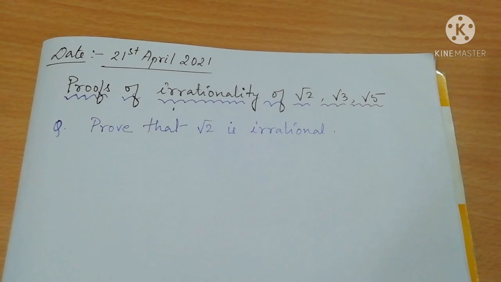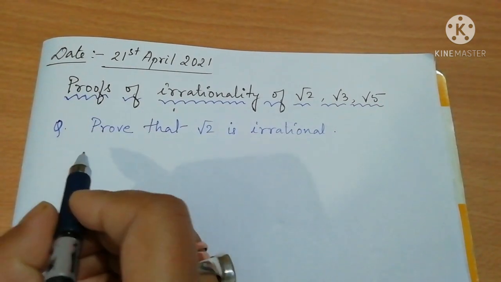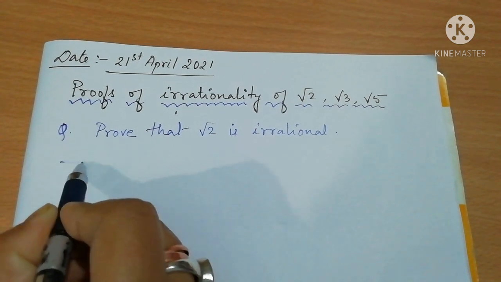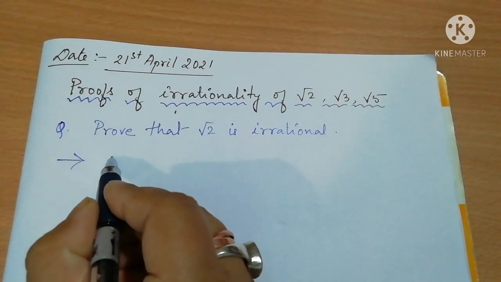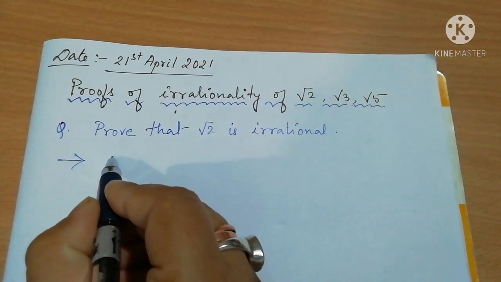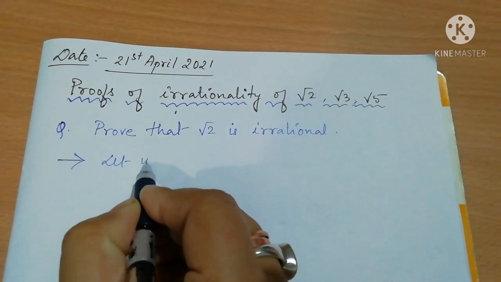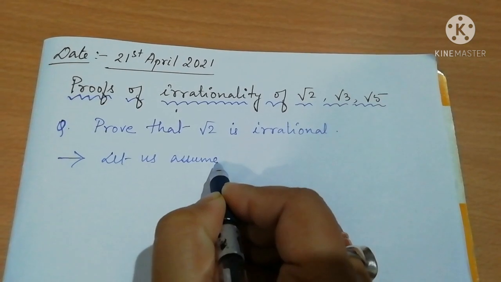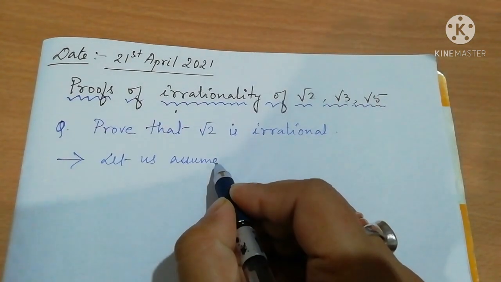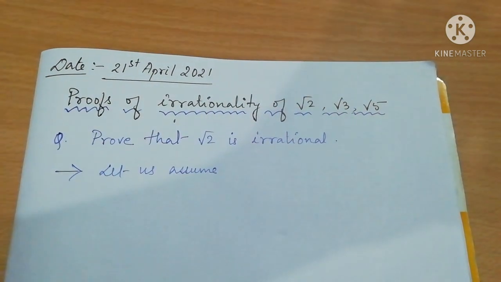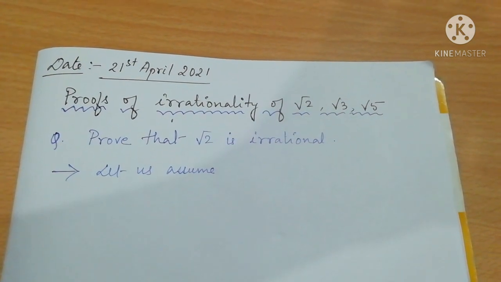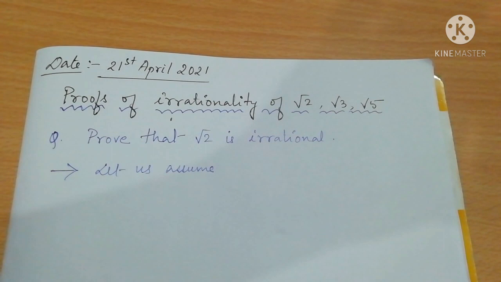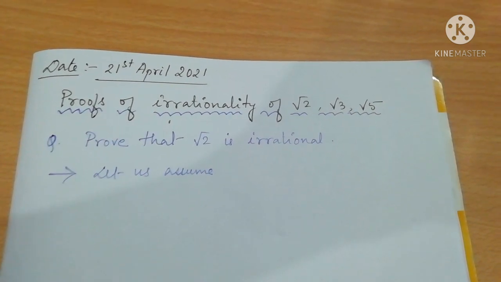To prove root 2 as irrational, we'll try to assume, let us assume that root 2 is rational.